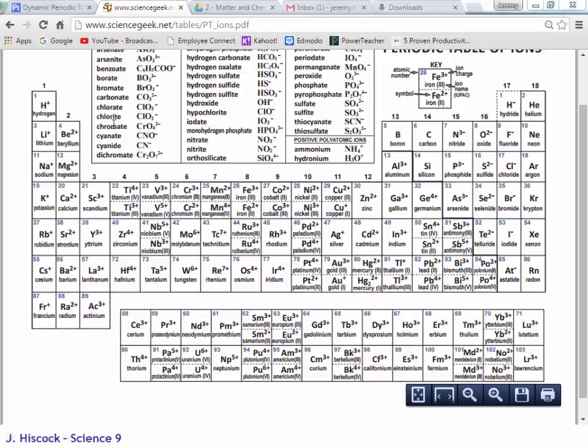Now, there's one other special rule that occasionally comes in. Some of these ions, you'll notice, have multiple charges. So like iron, for example, it can have a +3 charge or a +2 charge. So how do we combine that together with something like oxygen? That's what rust is, when iron chemically reacts with oxygen.